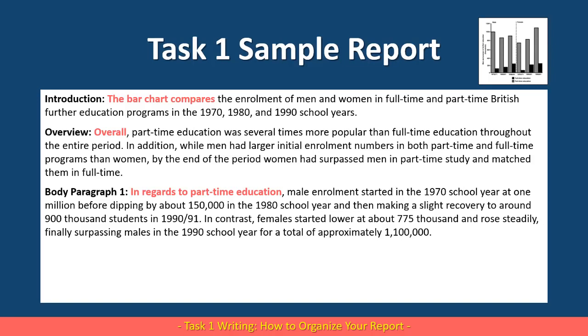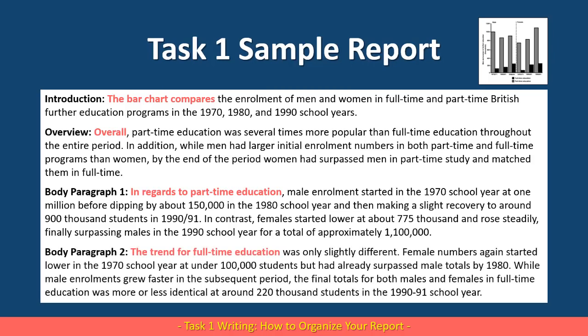In contrast, females started lower at about 775,000 and rose steadily, finally surpassing males in the 1990 school year for a total of approximately 1,100,000. All right, so this is about part-time education. The first part of this paragraph, the first red highlighted area, makes it very clear what this paragraph is about.